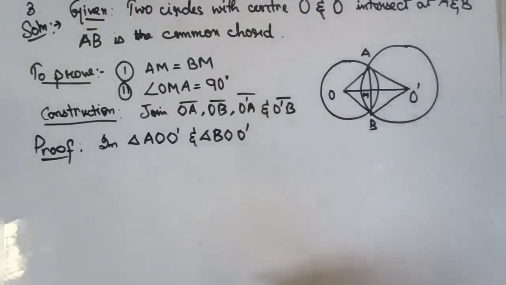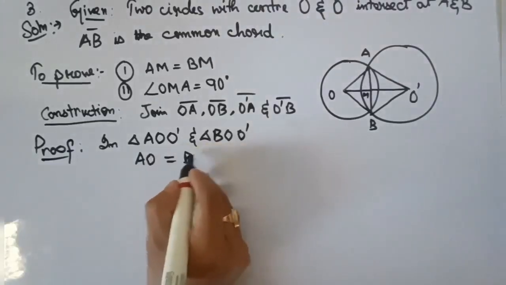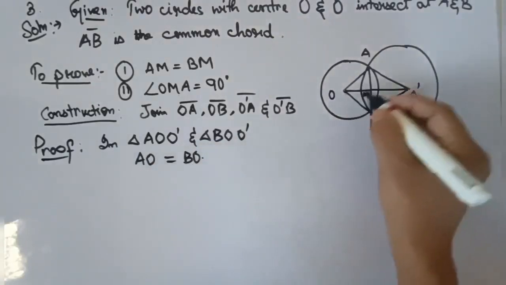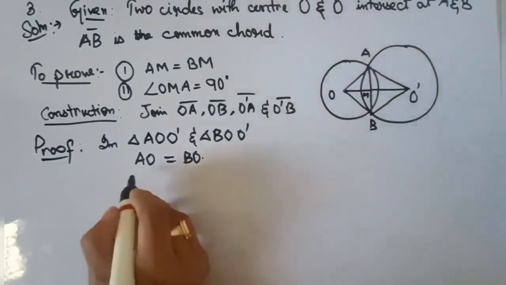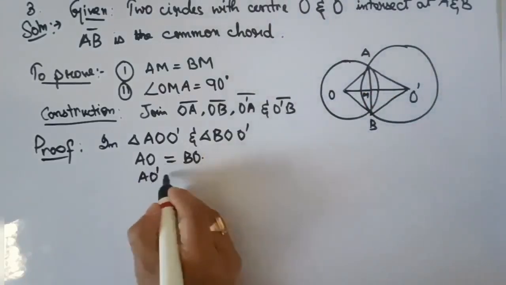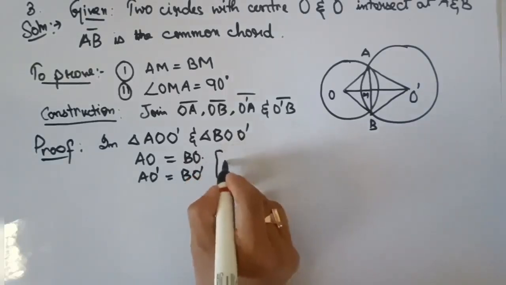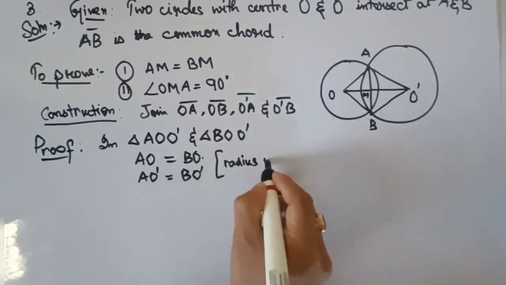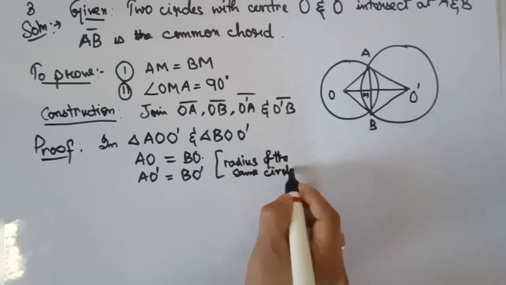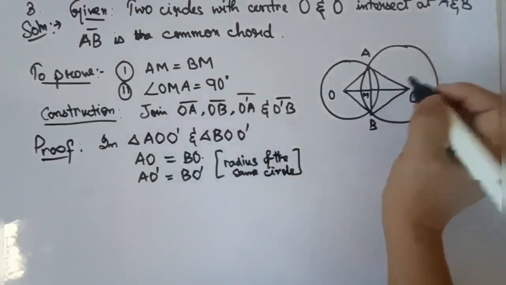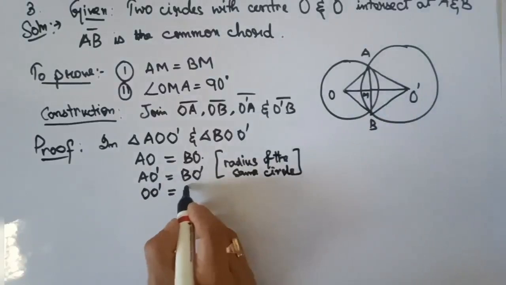We get AO equals BO, as they are the radii of the same circle, and also AO dash equals BO dash, which are the radii of the same circle. Then OO dash is common to both the triangles.